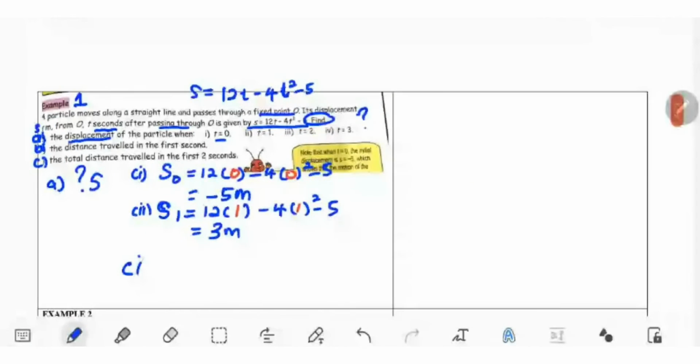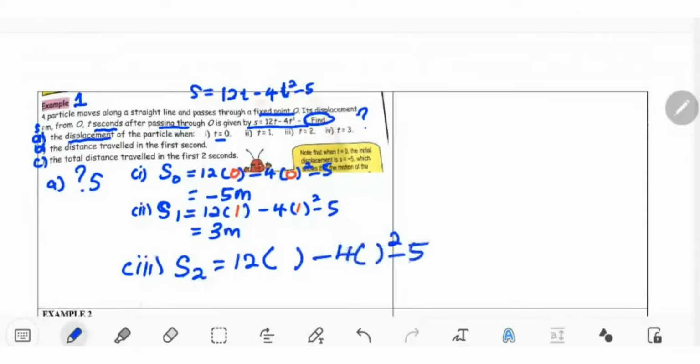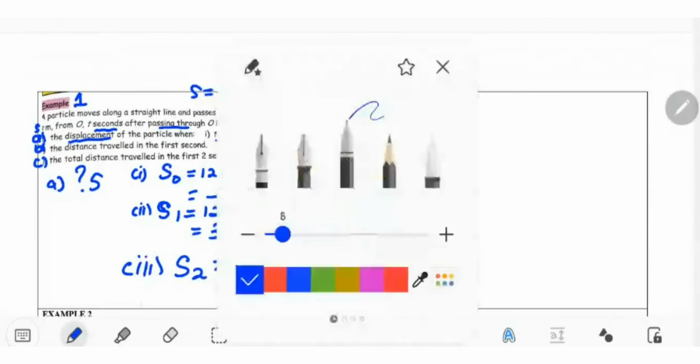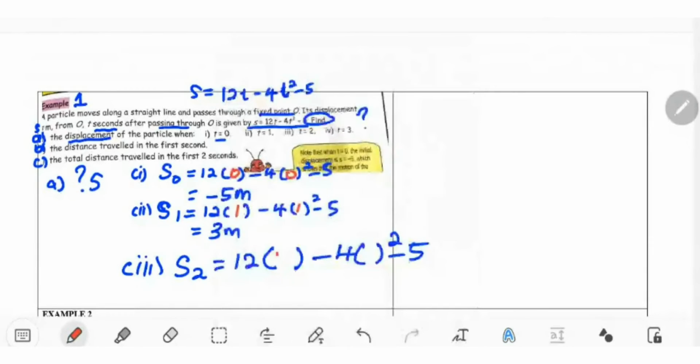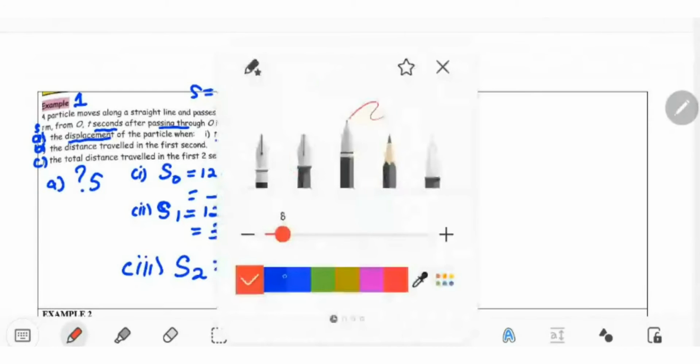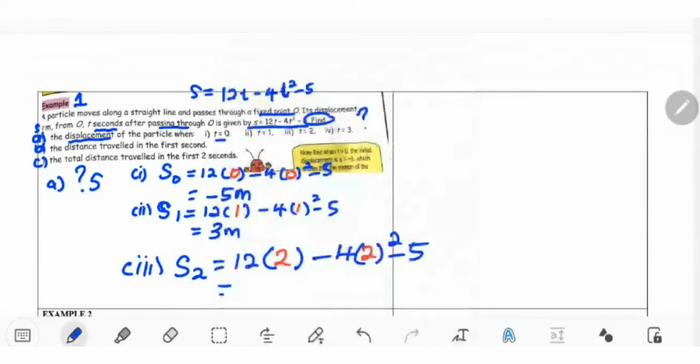Find S when T is 2. So, you want to find S2. Okay, all the T substitute dengan 2. What do you get? 3. 3, right? 3 meter. Yes.